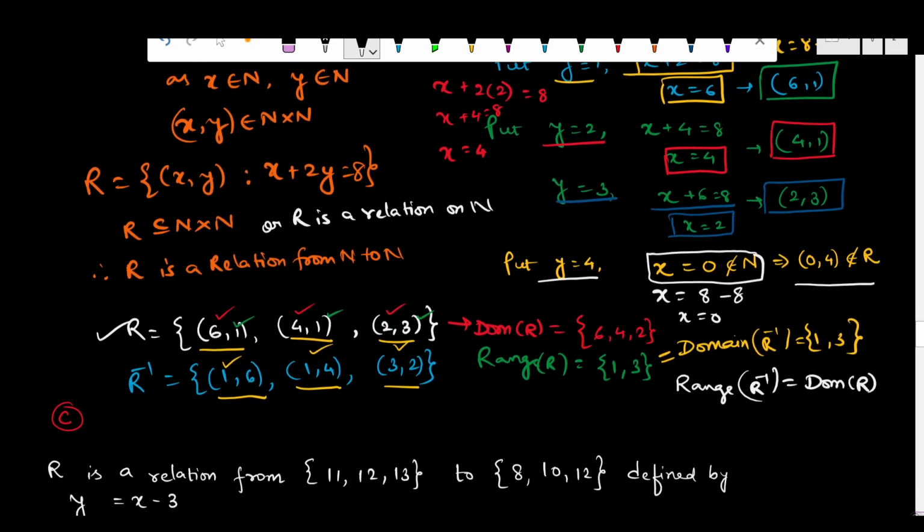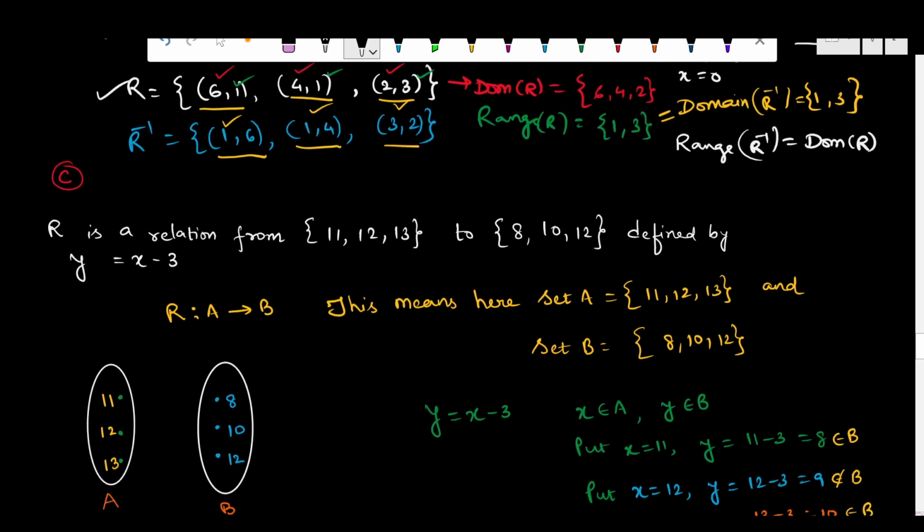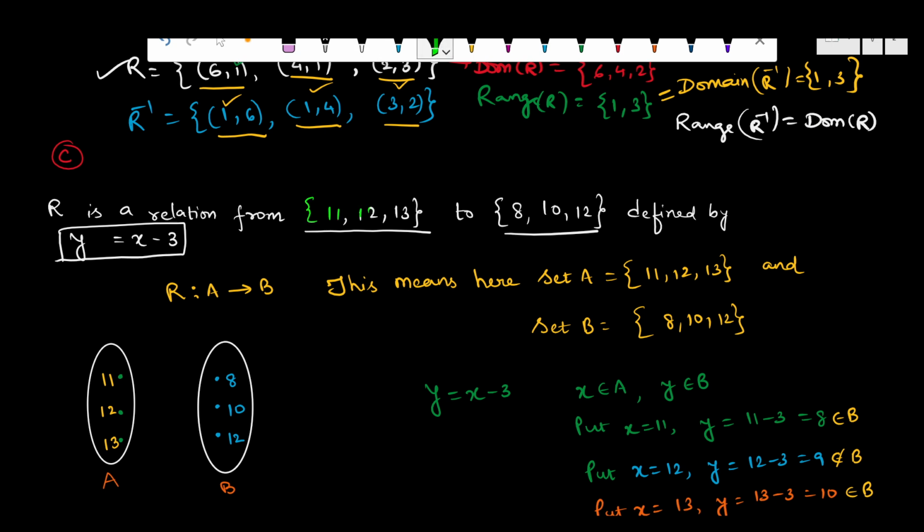I hope this question is clear to all of you. Next, part C was: R is a relation from this set to this set, defined by this equation, right? So let us suppose that this is my set A and this is my set B, right?